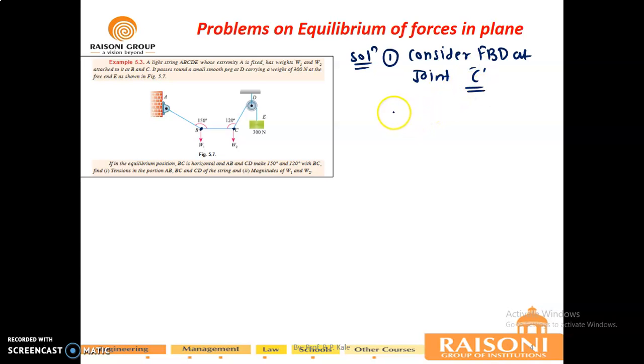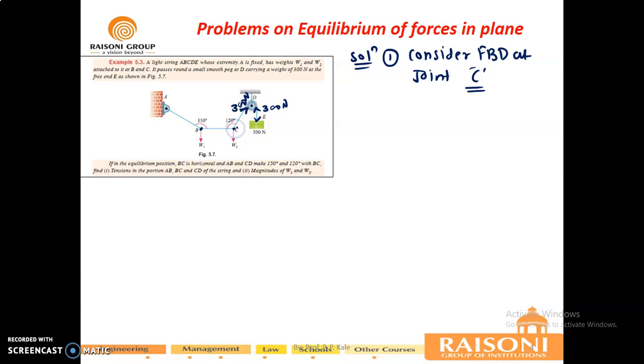Just look here. Since this weight is here, this will pull this rope by 300 Newton, and to be in equilibrium, this rope should apply 300 Newton in the opposite direction. And since this is 300 Newton, this should be 300 Newton. It is the same rope, just over the pulley.